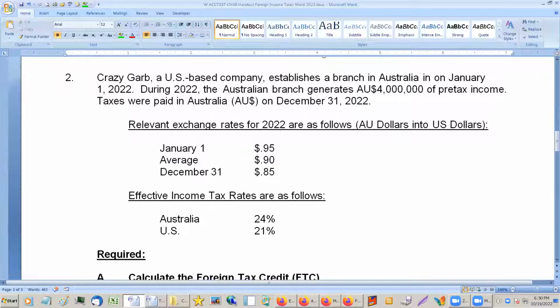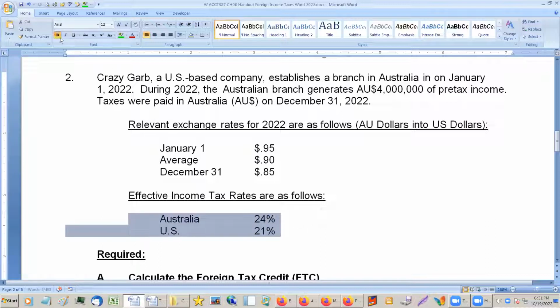Go ahead and do problem number 2. The summer one, obviously you can have one of these on the test. Now, I'm just going to give you a heads up on this one.